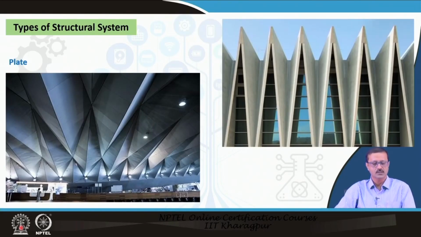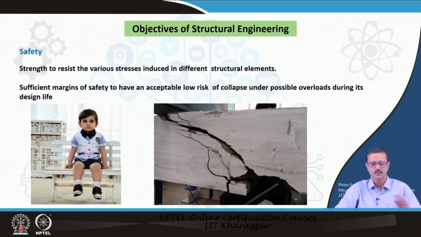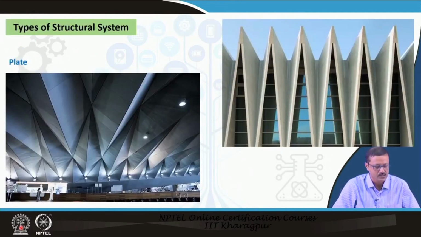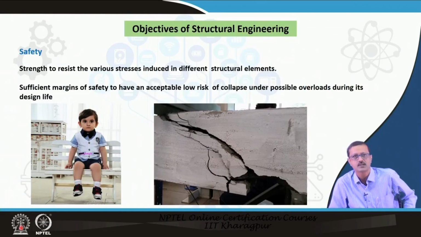There are also structures made through plates, different types of folded plate arrangements are possible, and those are again a solution for long span structural systems. So, based on that, we have an understanding of the different types of structural systems.